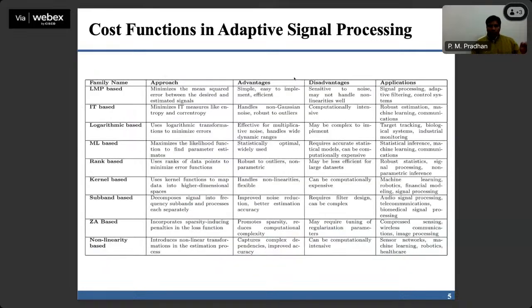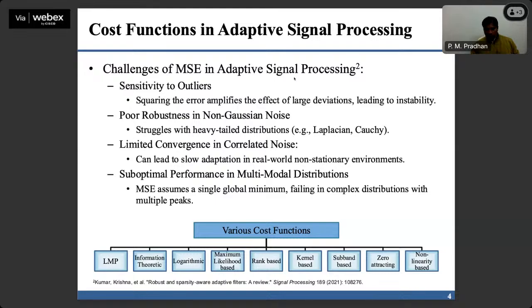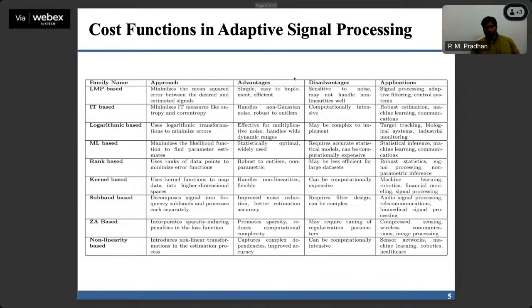I have listed all these cost functions in this table, taken from the previous survey article. In the footnote, the reference for the survey article is listed. It shows the approach, how they use the cost function, and the different advantages and disadvantages.